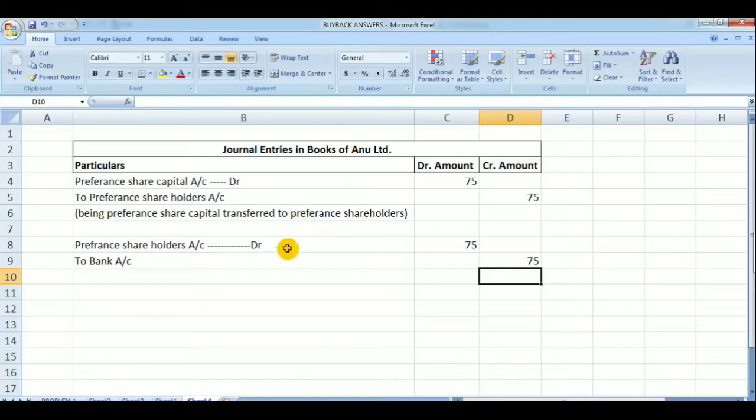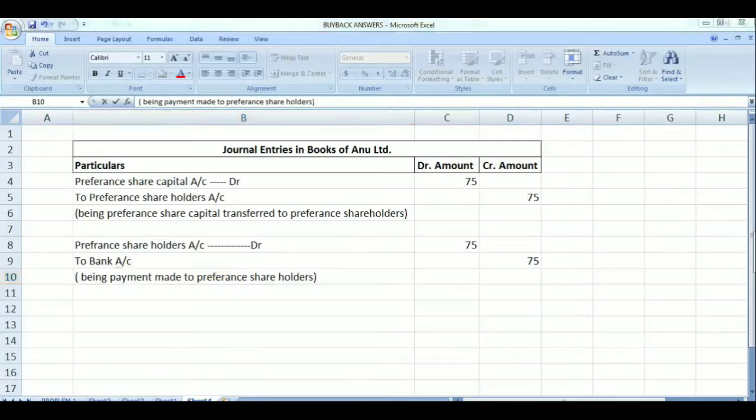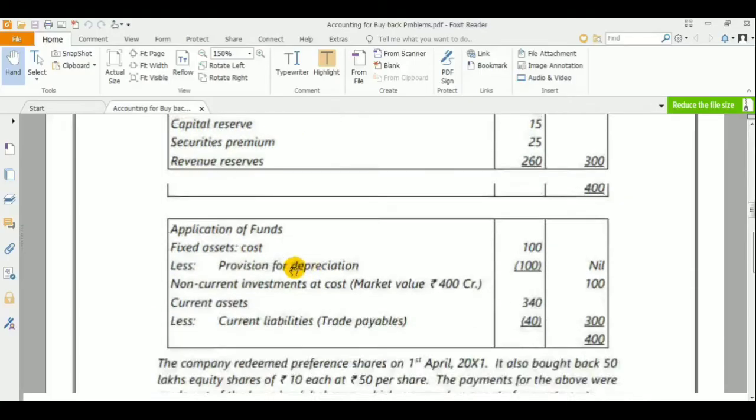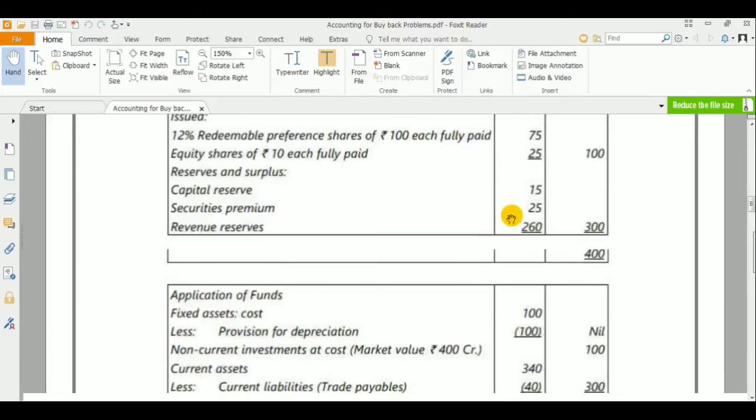Again, the narration for this will be payment made to preference shareholders. See, the first entry we have passed, we have redeemed the entire preference shares of 75 crores.